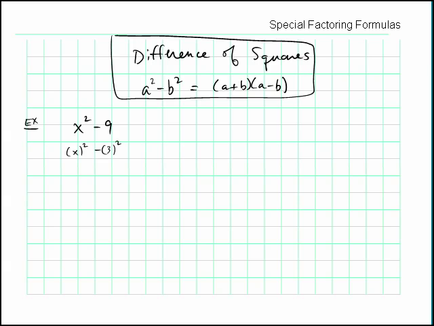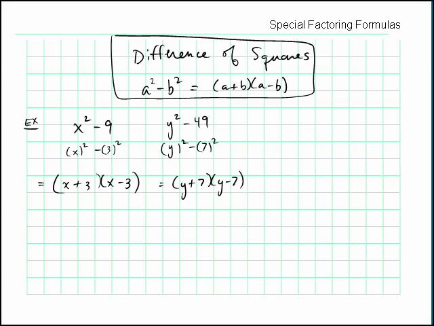And so it is going to factor to x plus 3, x minus 3. Here's another one. y squared minus 49. That is y squared minus 7 squared. And so that's going to factor to y plus 7, y minus 7, according to the pattern.